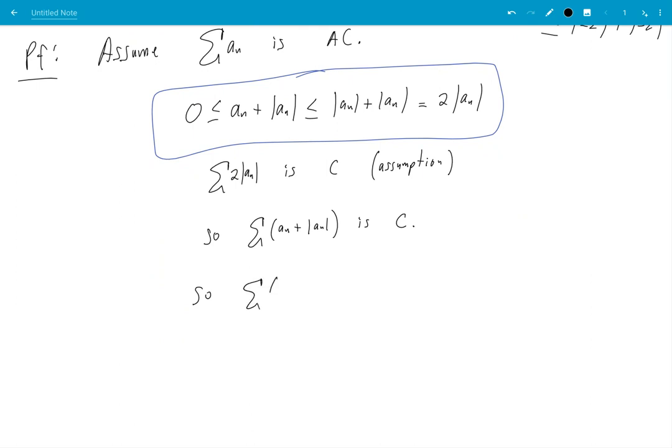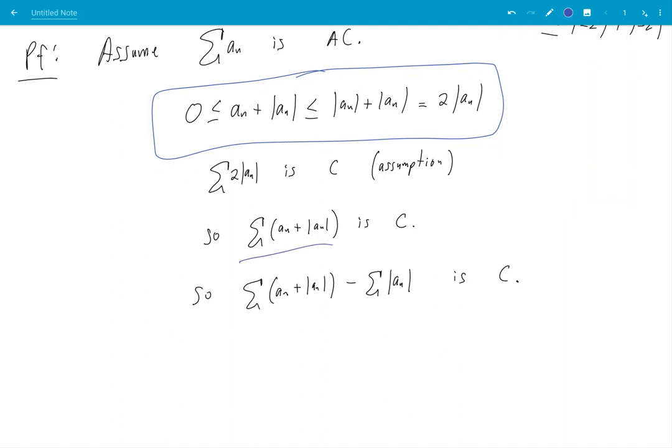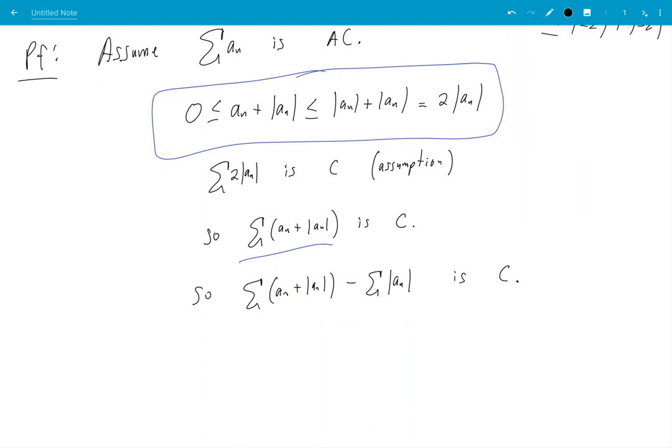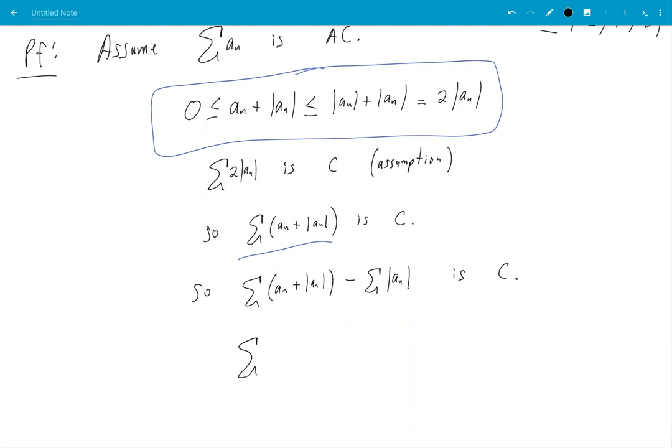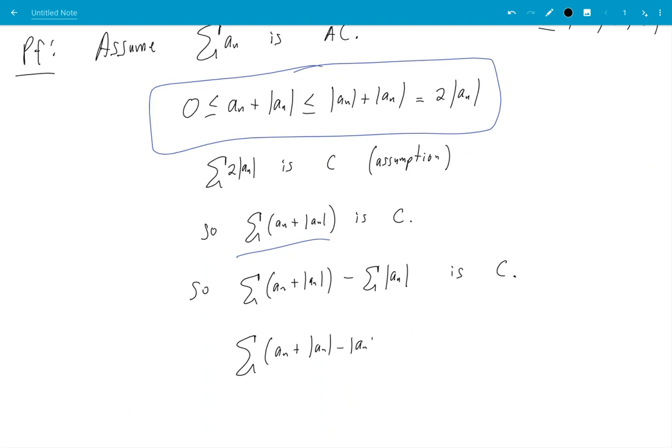So, okay, the summation of a_n plus the absolute value of a_n minus the summation of the absolute value of a_n, this is a technical trick here. Okay, we established this is convergent. So here we have a convergent minus a convergent, so it's convergent. And because we have convergent series, we can add the summands, or in this case, subtract the summands.